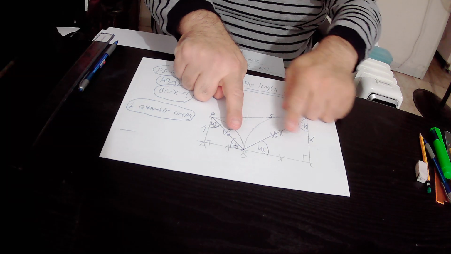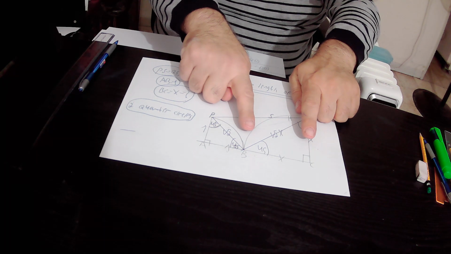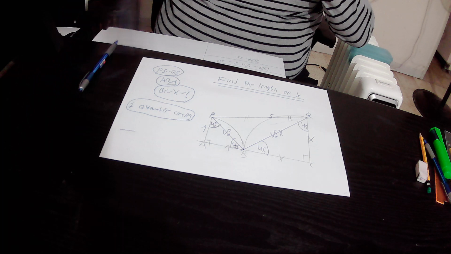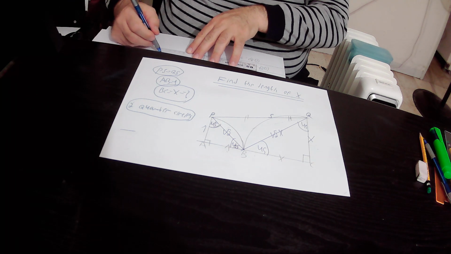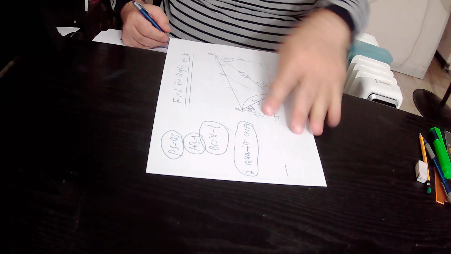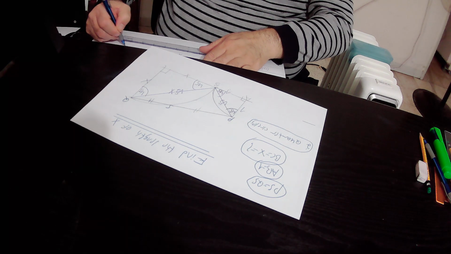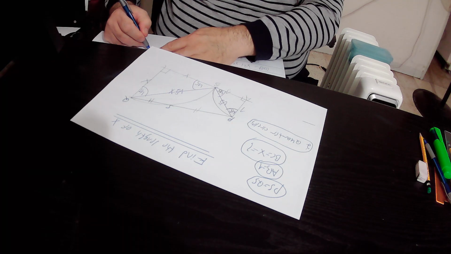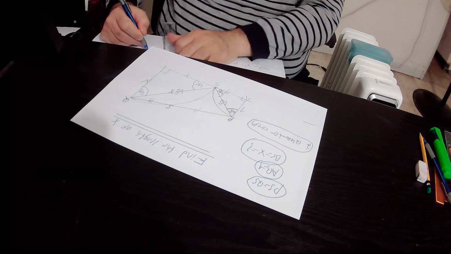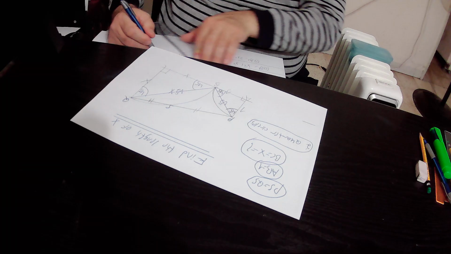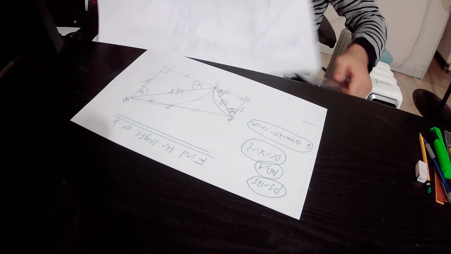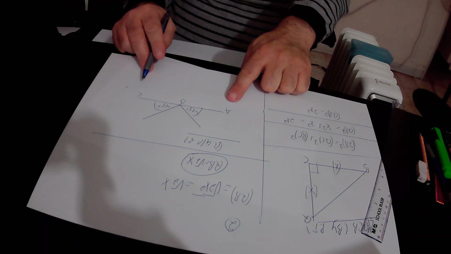So I will copy the straight line AC with point B with its angles, and we will implement rule number 3 in this straight line AC. So this is the straight line AC that I copied from the original drawing.